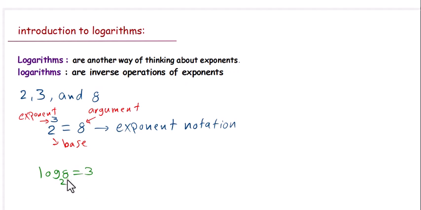Or you can ask another question: 2 to what power equals 8? What is the log of 8 to base 2? It simply equals 3. And here 2 is called the base, and 3 is called the exponent, and 8 is called the argument.